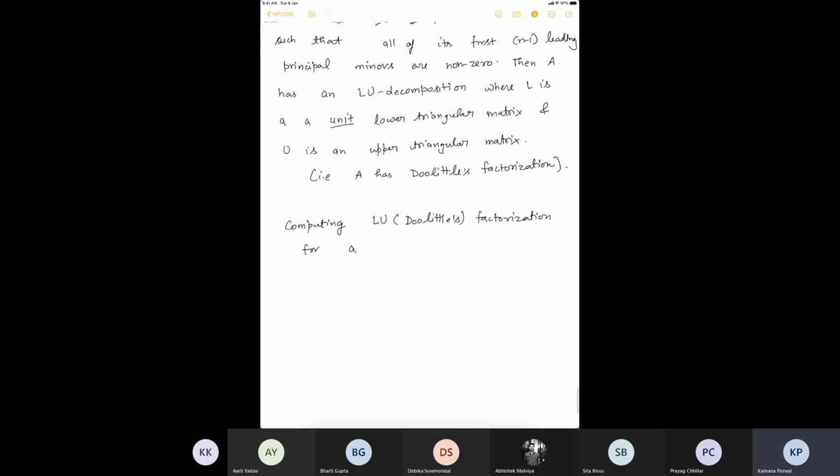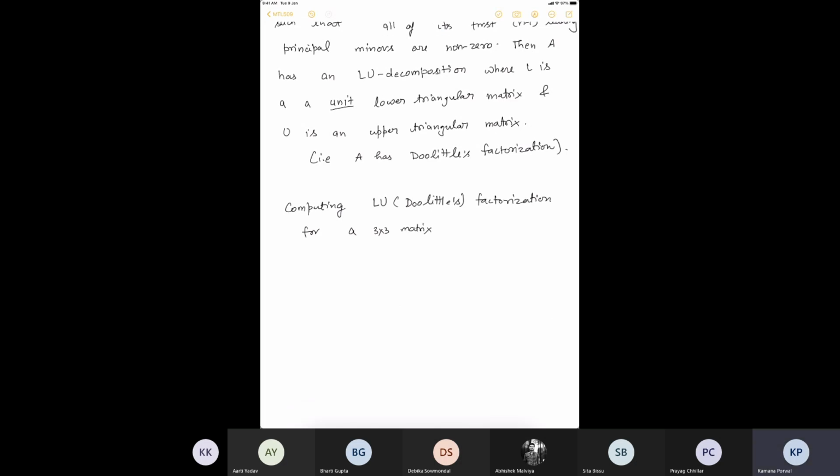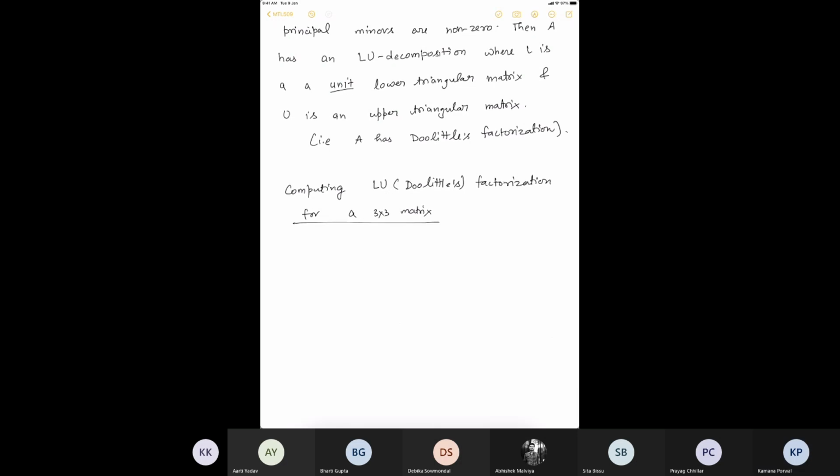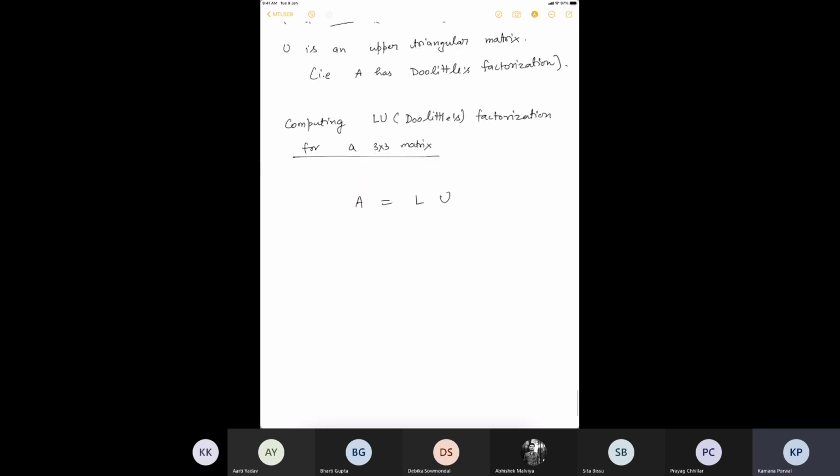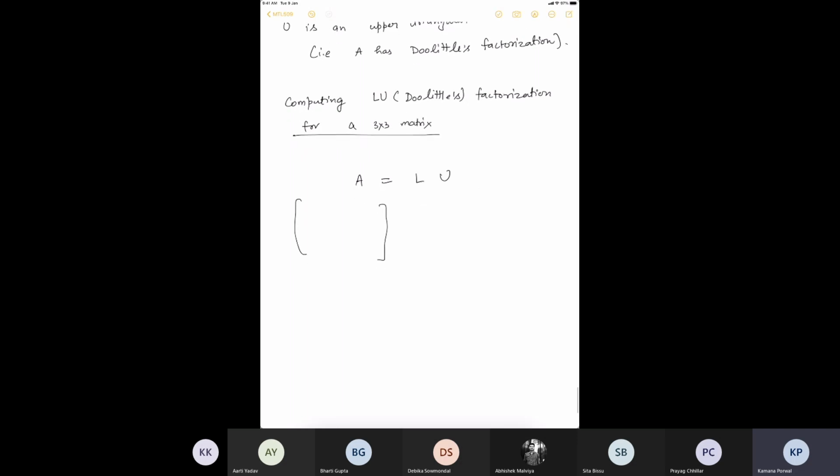We are going to consider a 3 by 3 matrix, because if you understand that, the same idea can be applied for higher order matrices. So we want to write matrix A as L into U. We have to algebraically multiply it and see how we can compute the entries.